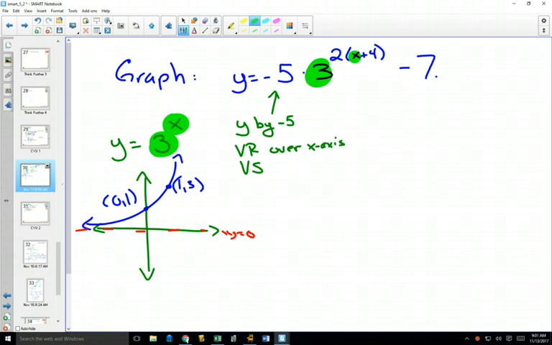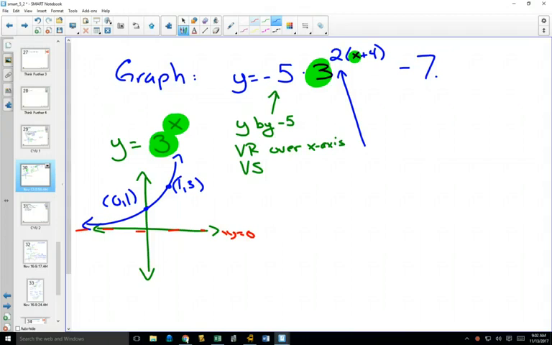So since this 3 is part of our parent function, the next thing that we run into is that 2. Is that going to be vertical or horizontal? Horizontal.